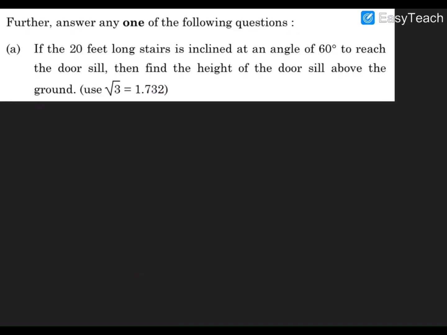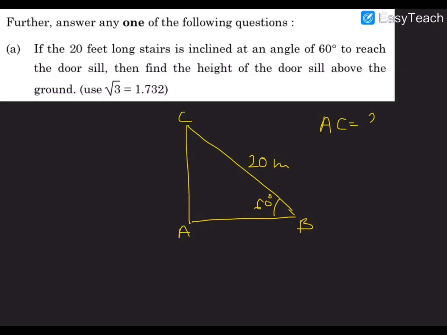After this, we have to calculate for a 20 meter long stair inclined at an angle of 60 degrees. So a stair which is 20 meter long is given to us, and we have to find the height of the door sill. That means we have to find AC. So sin 60 degrees equals AC by BC.